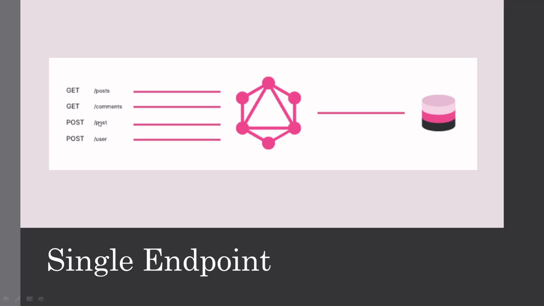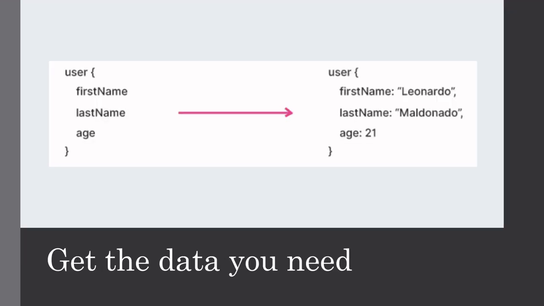The second benefit that I found is that you get only the data you need. You will not have the overhead of overfetching. Here I wanted the first name, last name and age of a user, and it fetched me those details only. I didn't get the address or mobile number, which is good.